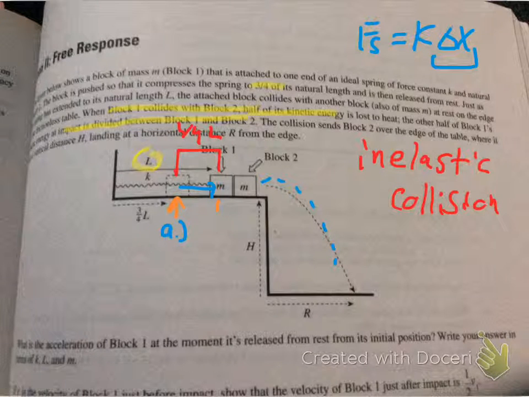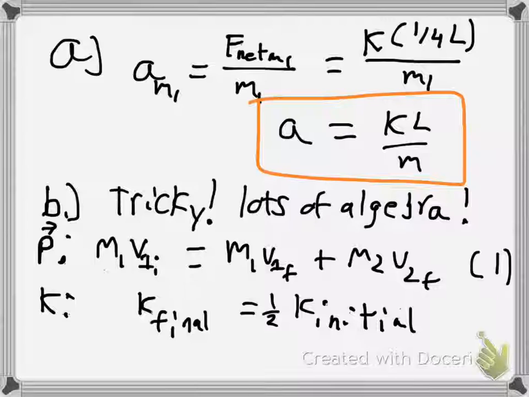If it is compressed to 3/4 of its natural length, and this is the natural length, then it is compressed 1/4 of its length.